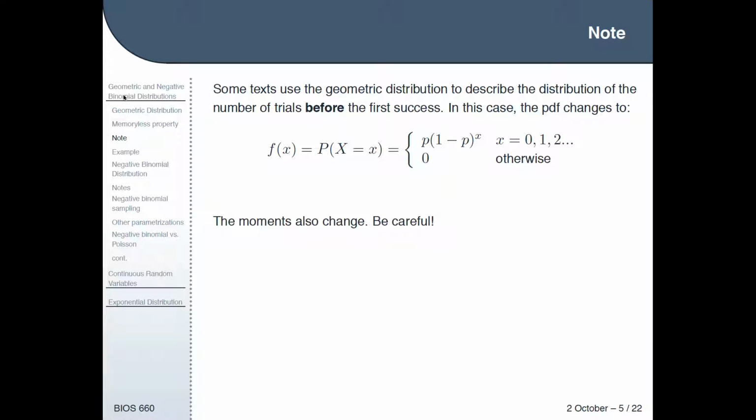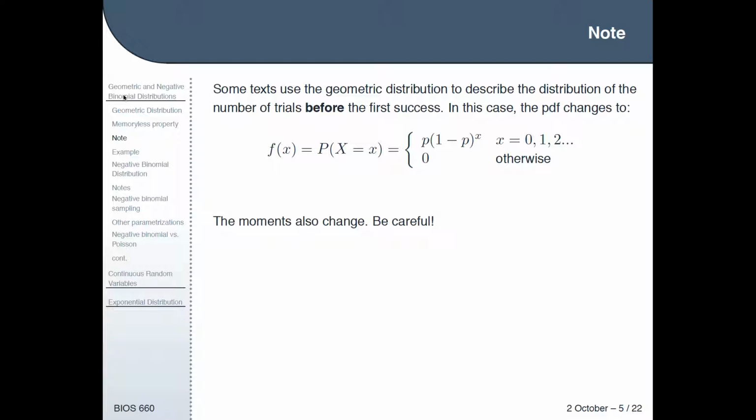Some books define it as the number of trials before the first success, so they would say that it's 4 in that case. The value of the random variable is 4 rather than 5, and that would mean that the support of the random variable is 0 to infinity rather than 1 to infinity, because if you get a heads on the first trial, then there would be 0 failures before the first success.